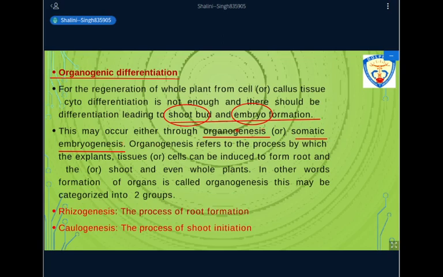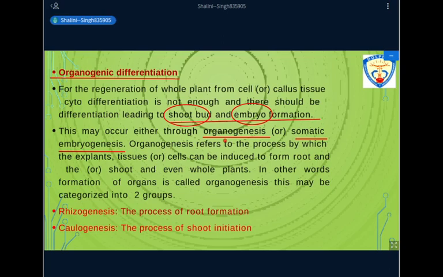What is the difference here? In organogenesis, the formation of shoot and root takes place in a sequential manner. First, normally we develop shoots from the explant, and after the development of proper healthy shoots, we go for root development from those shoots. So that is organogenesis, in a sequence.